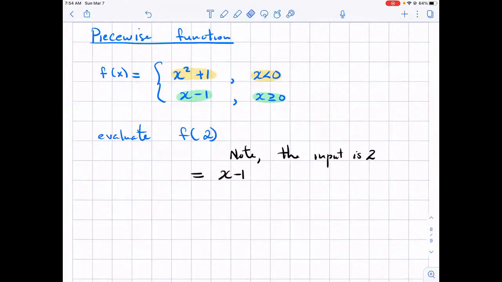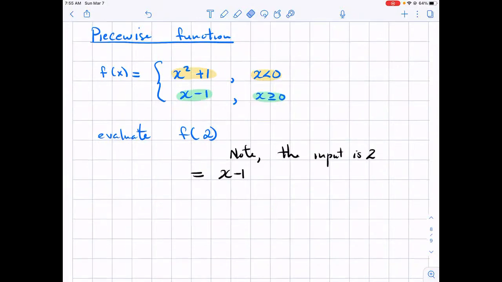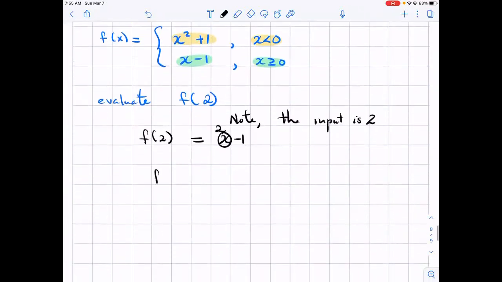So we'll use the function x minus 1, okay? And let's give that a different name. I don't want to call that f of x, okay? So f of 2, and now we replace this with 2. So f of 2 is equal to 2 minus 1, which is equal to 1.